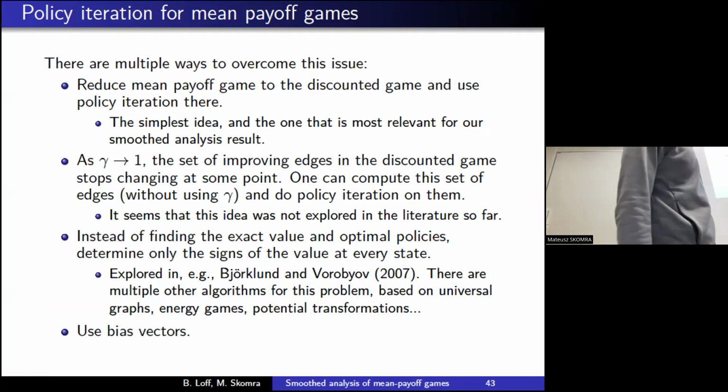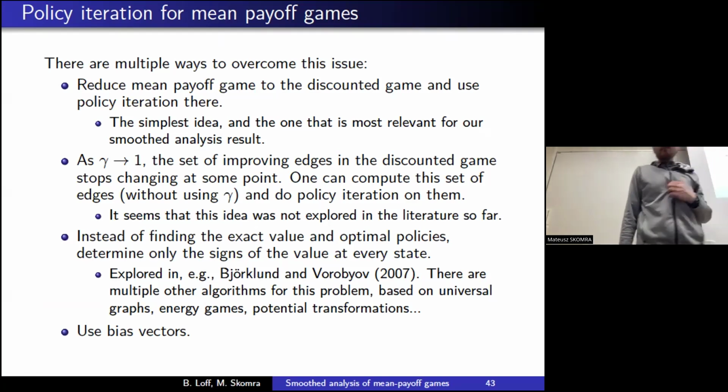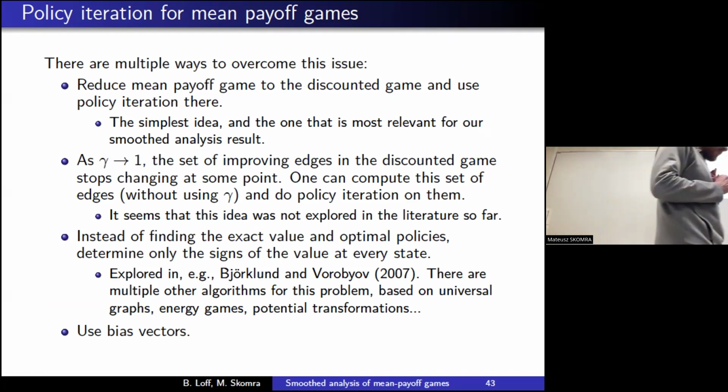There is one variant of this that is maybe a little bit more complicated, and slightly different. As this discount factor goes to 1, the set of improving edges will at some point stabilize. So you can say that your edge is improving if it's improving for all discount factors close to 1. And you can compute this set of edges.